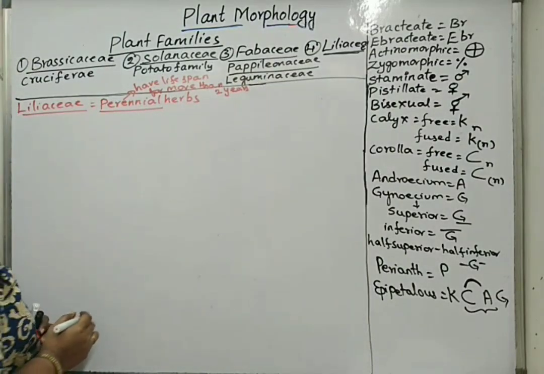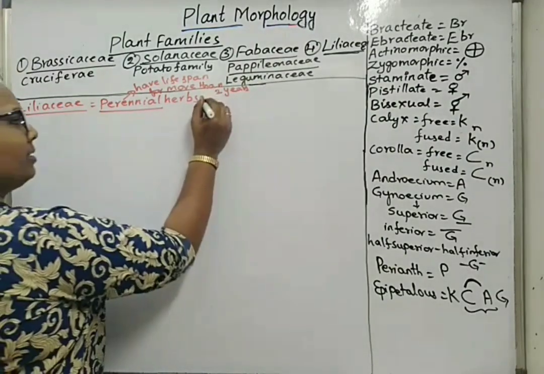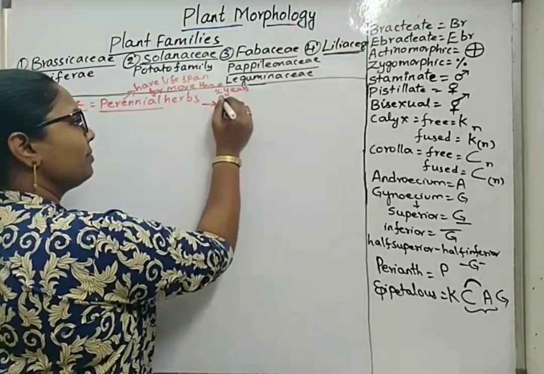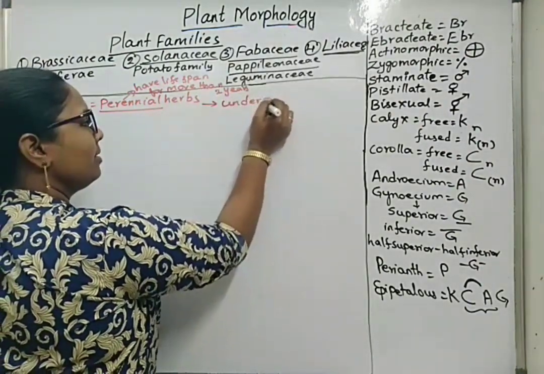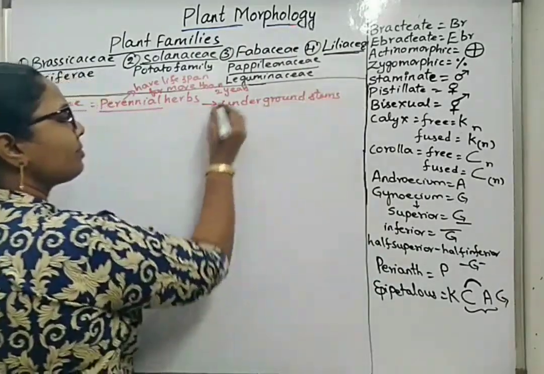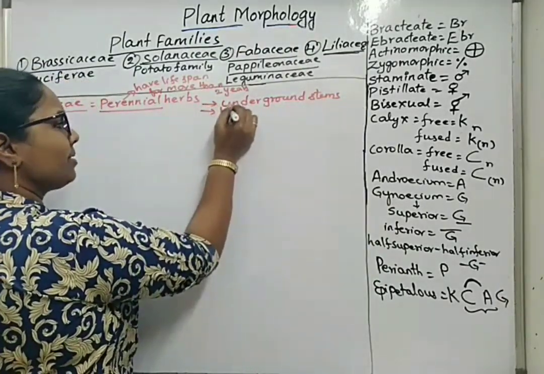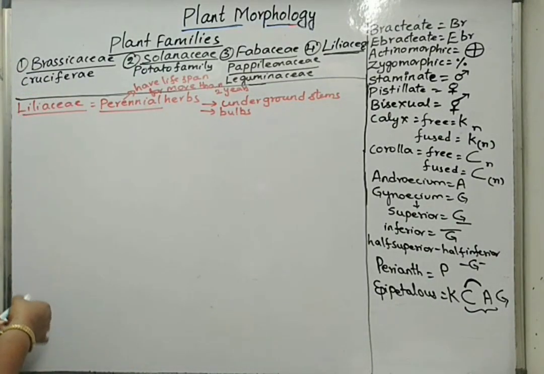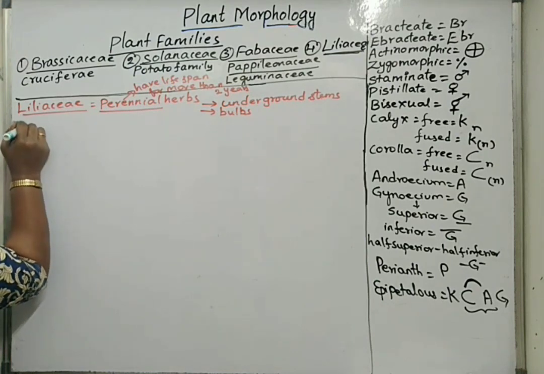Such types of herbs are called perennial herbs. Next, they show underground stem modification. These underground stems are called bulbs.